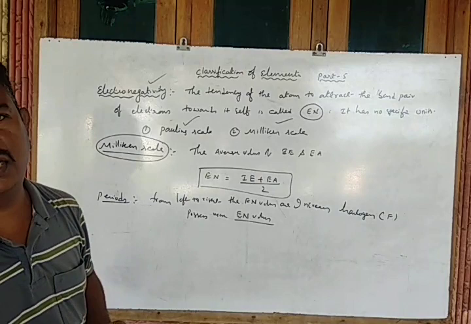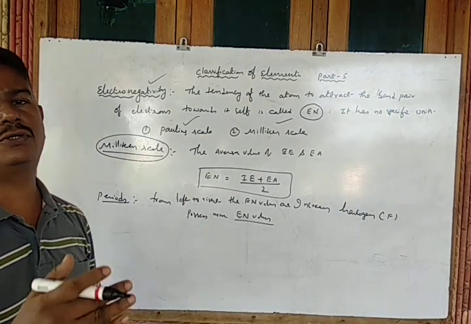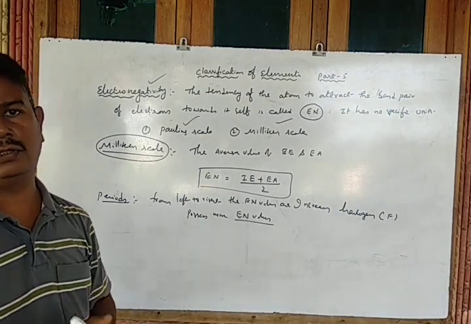So finally we concluded that while moving from left to right, the electronegativity values increase. No doubt in that. Okay.